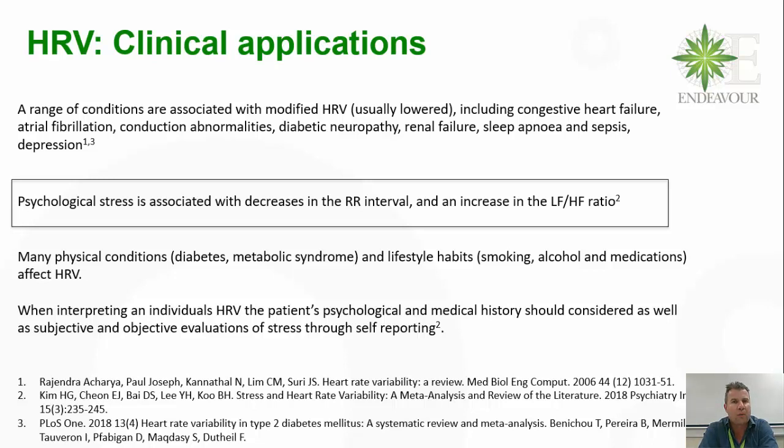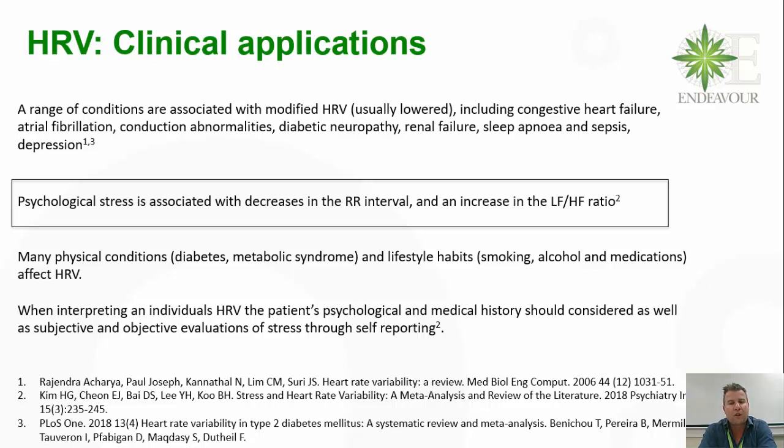But one thing to note in all of this, and it was a rider that we talked about with respect to the use of any biomarker: when you're interpreting someone's HRV, or for instance, any biomarker for stress, whether it be cortisol, salivary amylase, or HRV, you must consider the patient's psychological and other medical history as well.